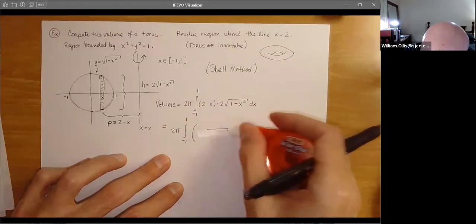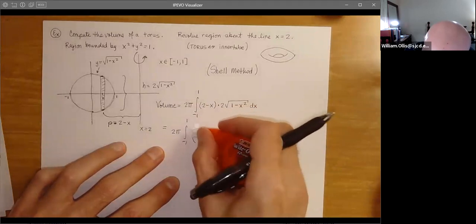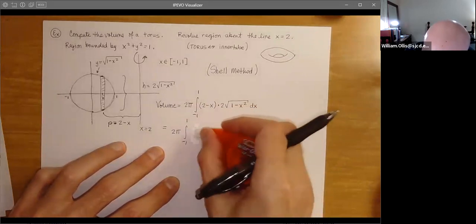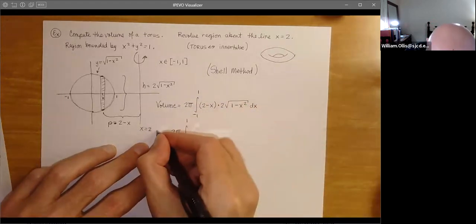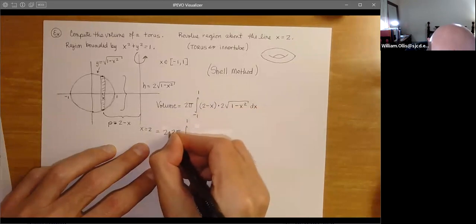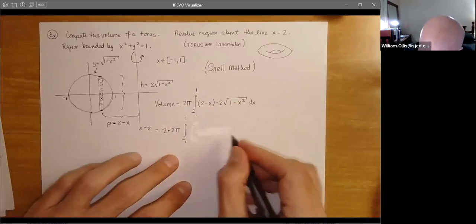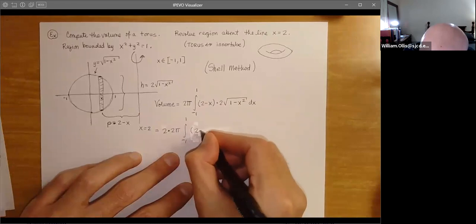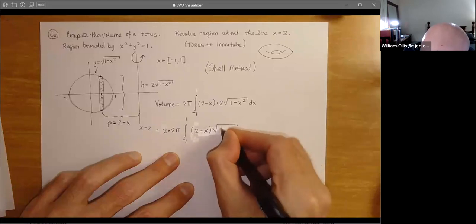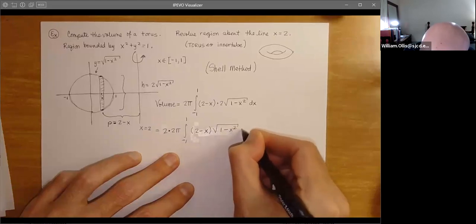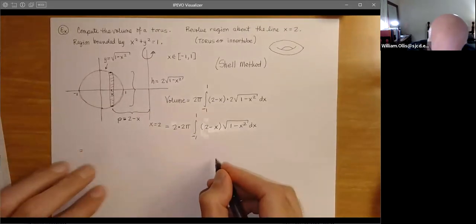I don't like to have numbers just hanging out in the calculation. So let's go ahead and factor the 2 here. So 2 times, okay, just go ahead and get rid of that. That's in the way, and I don't need to carry it along. So this gives us 2 minus x, square root. Just make the calculation look a little neater. I know you probably don't care, but I do. So now we have the 4 pi.